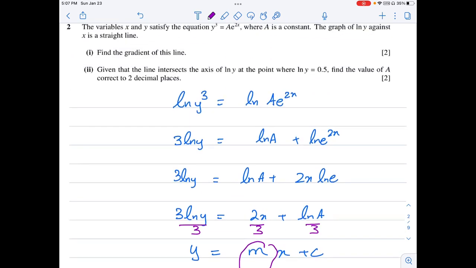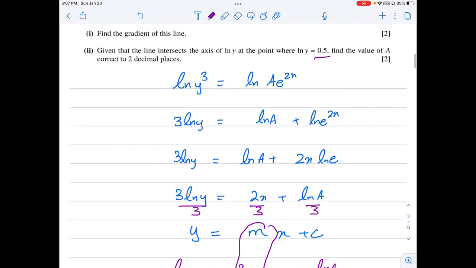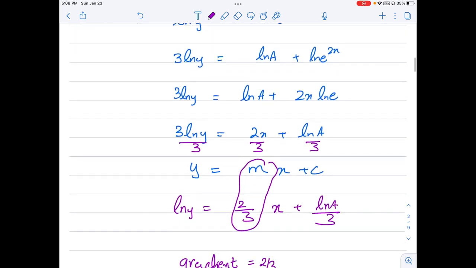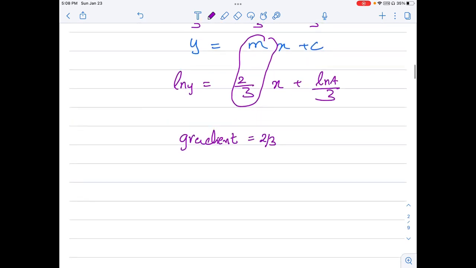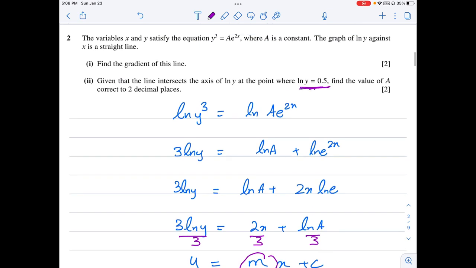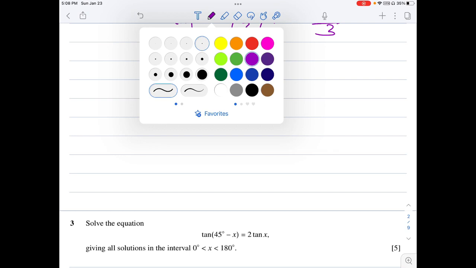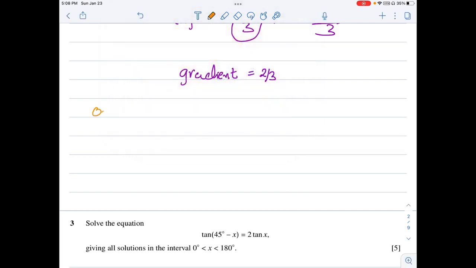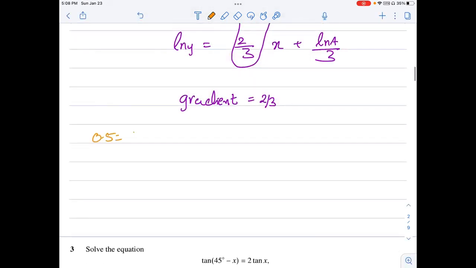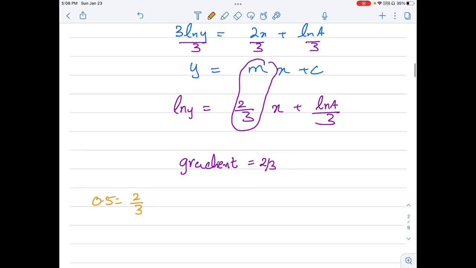Given that the line intersects the axis of ln y at a point ln y equal to 0.5, find the value of a in two places of decimal. So ln y is equal to 0.5. He has given ln y is equal to 0.5, find the value of a. So 0.5 is equal to 2 upon 3 times x plus ln a upon 3.